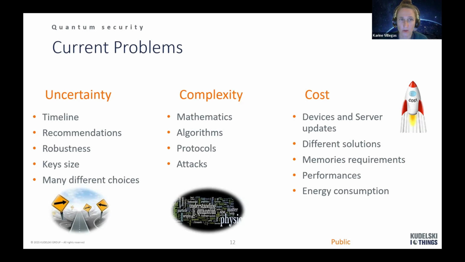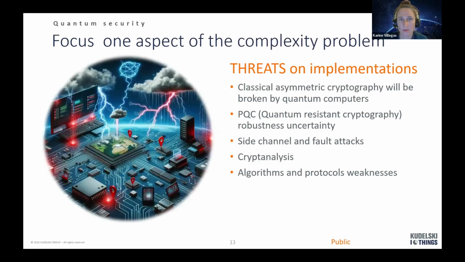If we focus now on a specific problem, which is the complexity, in fact, we have today a closer look at the threats on the implementation. We know very well classical asymmetric cryptography, and we now know how to implement it in a secure way, but it will be broken by quantum computers.